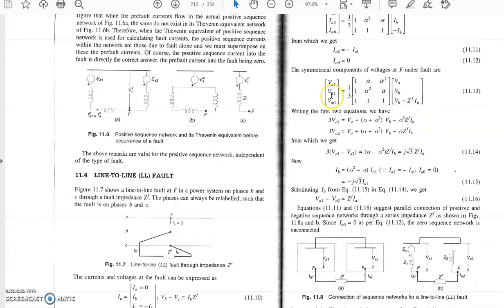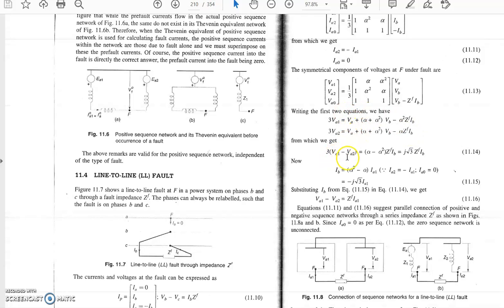Similarly, from the equation of VA2, 3VA2 will become VA plus alpha square into VB minus alpha ZF IB. Now from these two equations we can subtract equation number 1 from equation number 2.